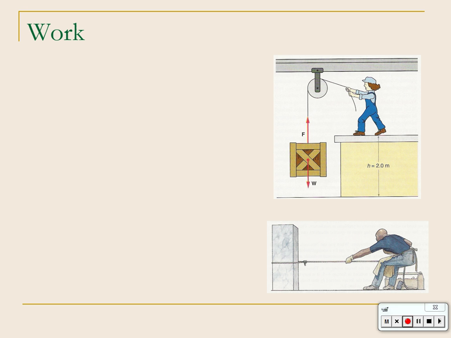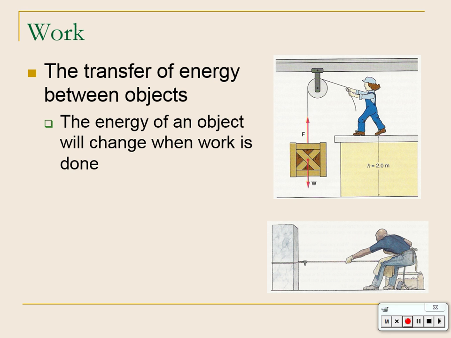I know that's not real scientific, all right? But when we look at a situation, we follow the flow of energy, and that tells us what happens. So we have to talk about the flow of energy. Where does it go? How much of it goes from this object to that object, and what happens because of it? And that's where work comes in. By definition, work is the transfer of energy between objects.